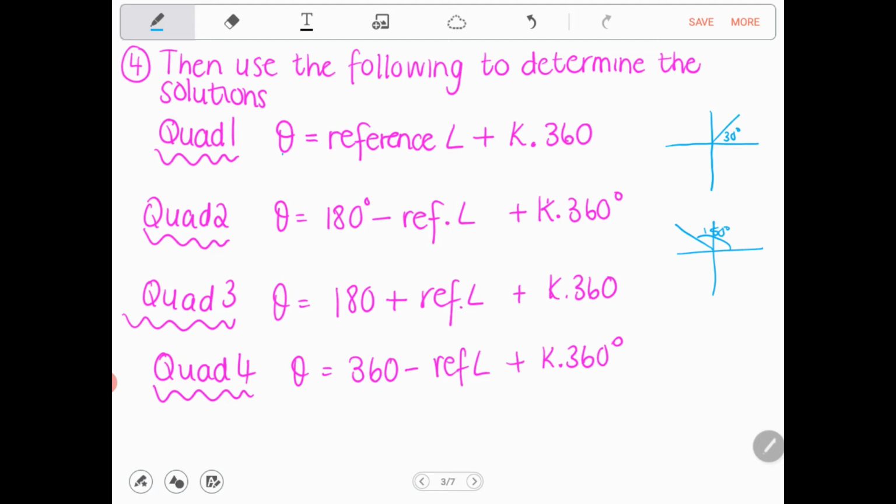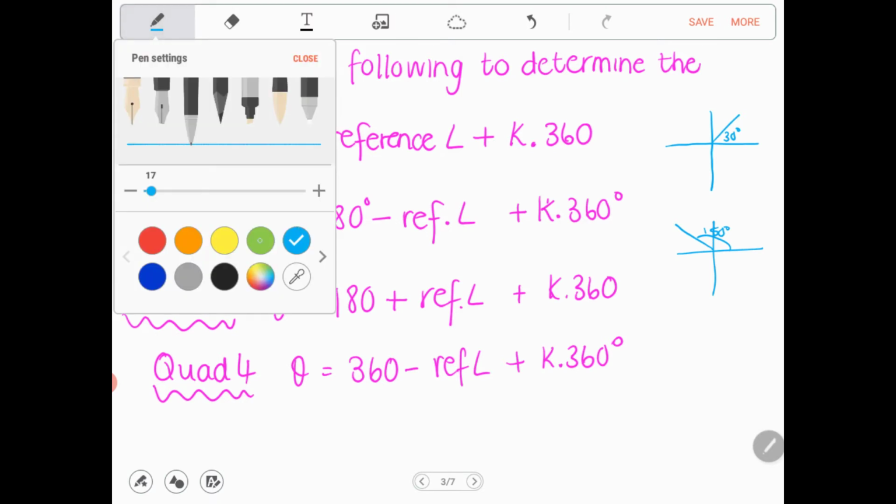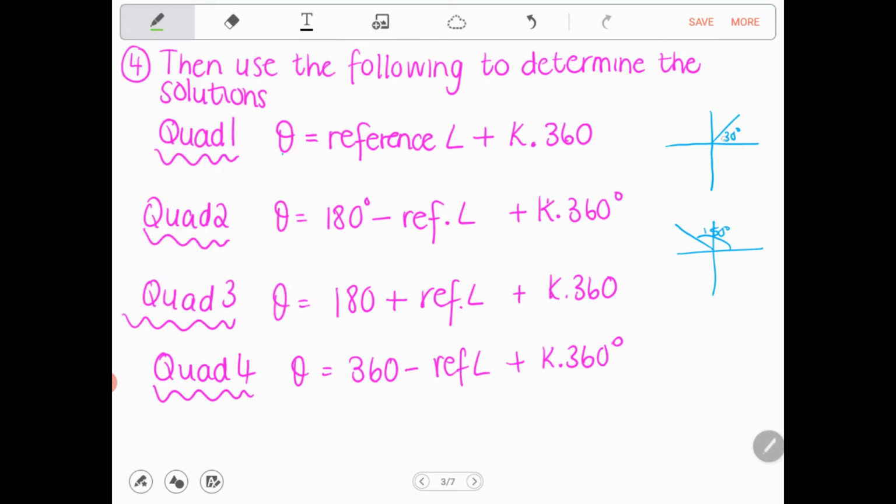Now what's happening in these funny looking things is that I'm saying that if it was 30 degrees, if I added 360, so I made k 1, you would have exactly the same terminal arm. Or if I subtracted 360, you would have exactly the same terminal arm. And the same as 150.